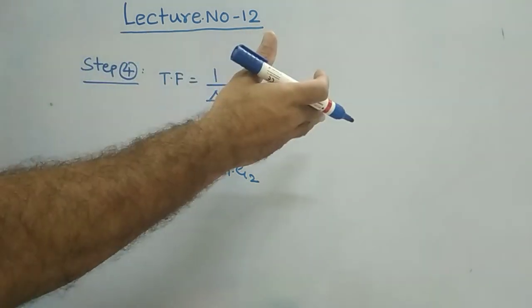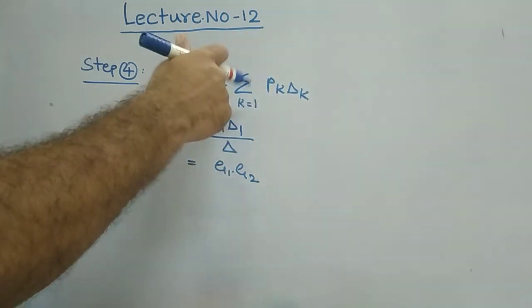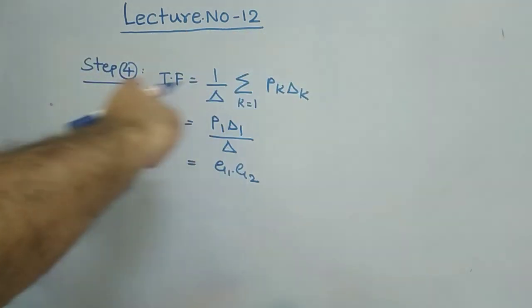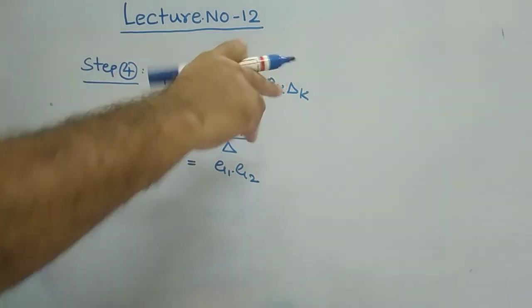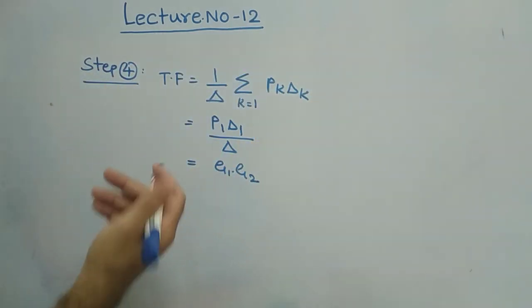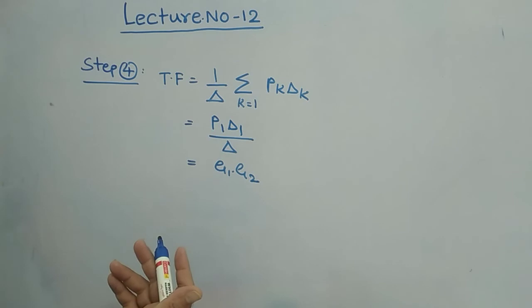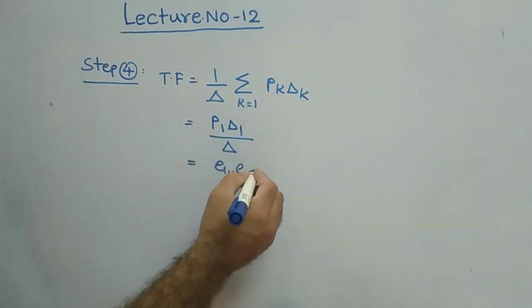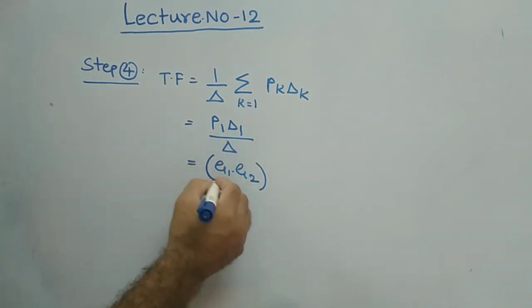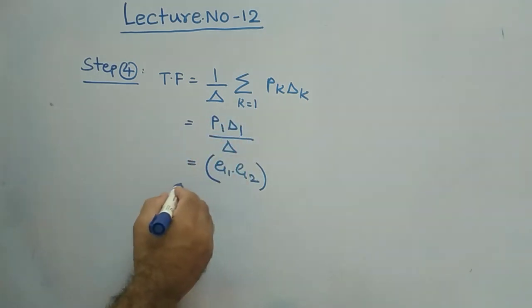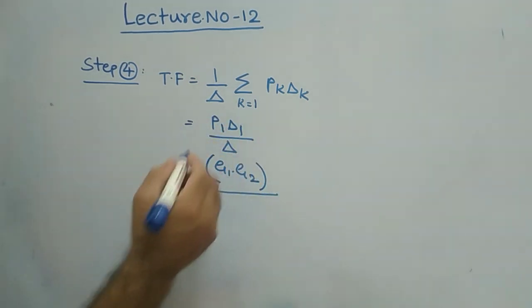Therefore, in the given problem, you have 2 loops and both loops are touching the forward path. Therefore, delta 1 value is 1. Therefore, you have G1, G2 in the numerator. Now, what is delta?